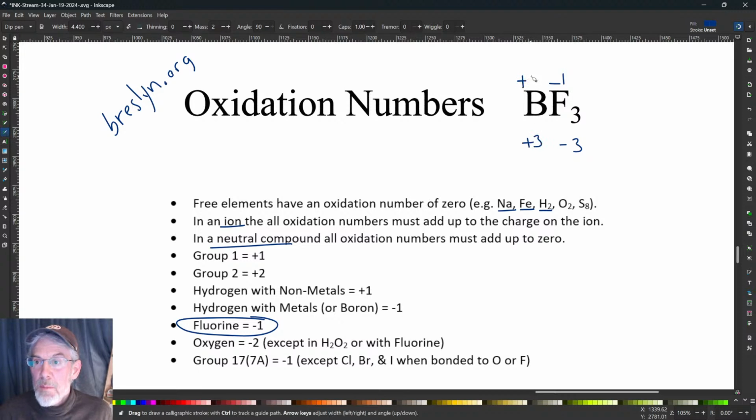So our oxidation number here is +3. So you kind of can figure it out that way using the rules. And note that the charge, but the symbol goes in front of the number. If you had an ion like SO4, it would go after. So you can tell it's oxidation because the plus is in front of the numbers.